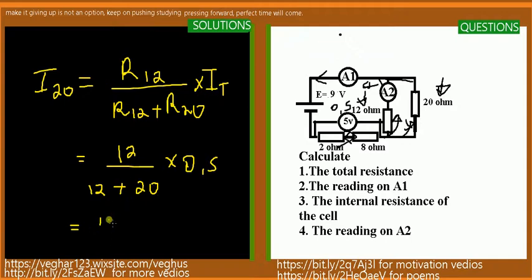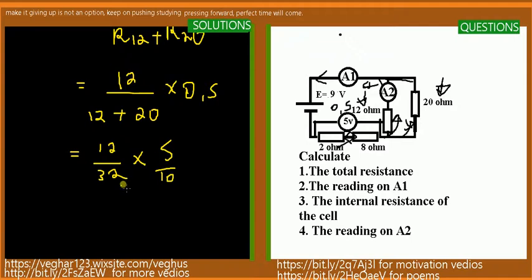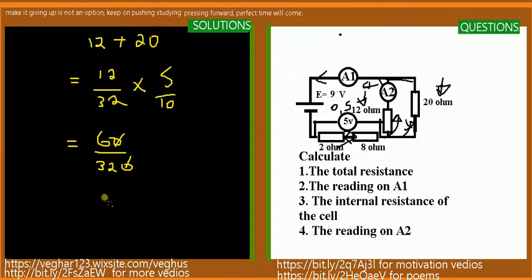Adding these two, we'll have 32 on the bottom. Doing the same thing, 0.5 is the same as 5 over 10. And 5 times 12 is 60, 10 times 32 is 320, so the 0 will cancel out.